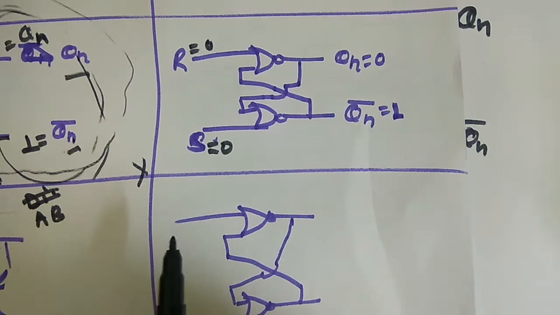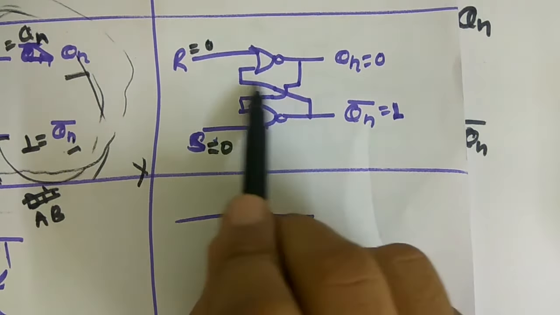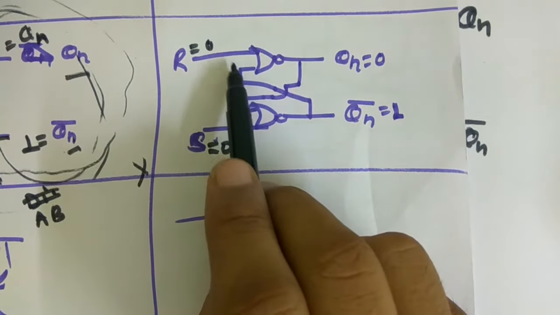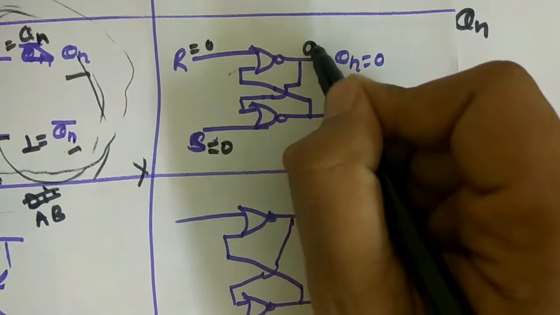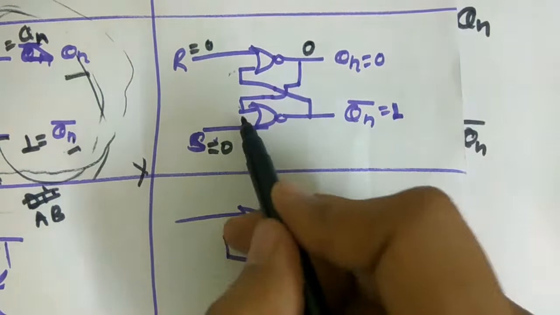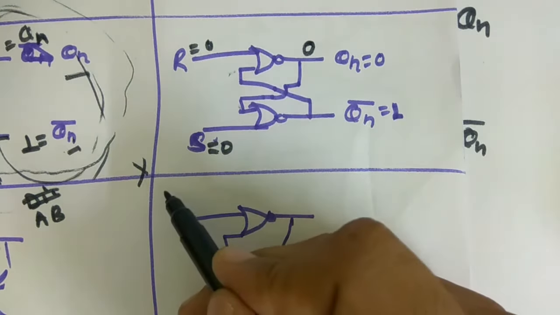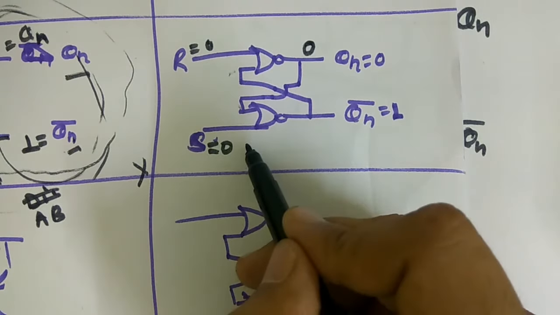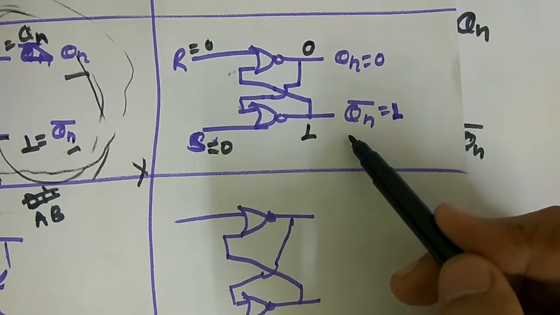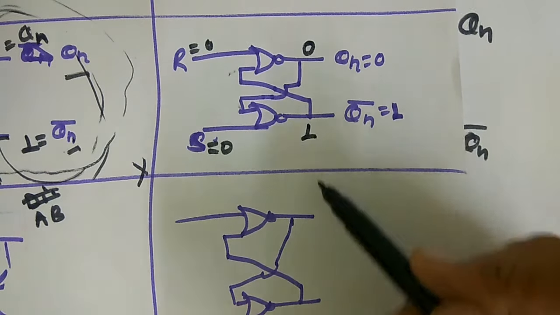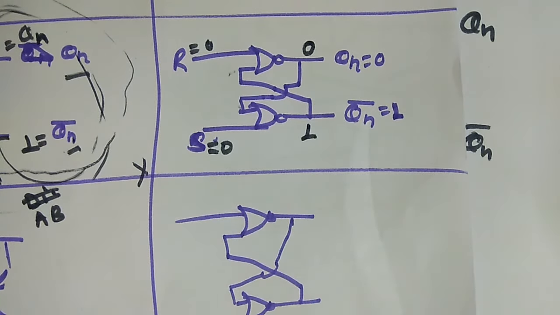Here this 1 will come here, and 1 0 will give output 0, and this 0 will come here, and 0 0 will give output 1, see the truth table of the NOR gate. So this is the same. That means if we remove the inputs, the circuit is storing the bit. So this is the basics of a sequential circuit.